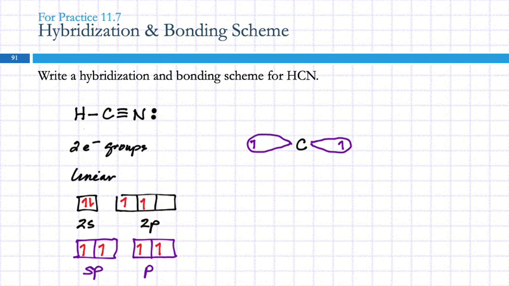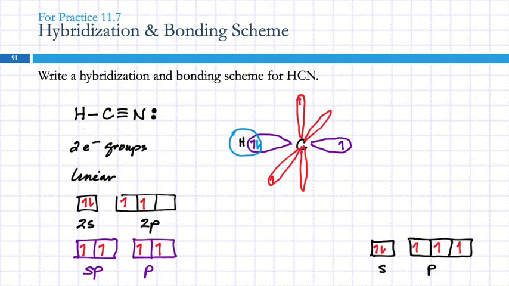And then I have 2 unhybridized p orbitals left. So one will be straight up and down, and that's got 1 electron. The s orbital is where this lone pair is.